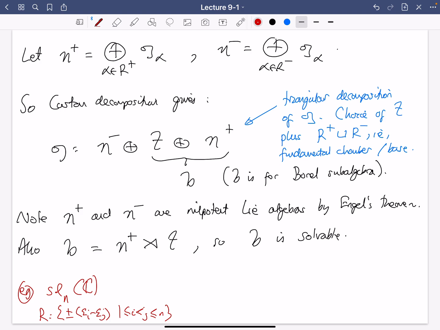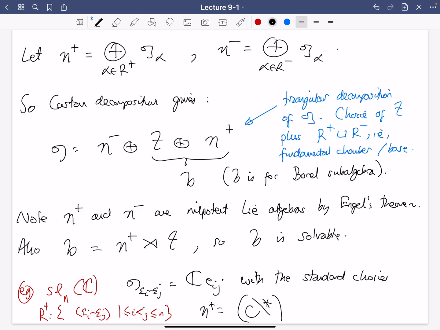This was the type A root system, and if you choose the positive roots just to be the strictly upper triangular ones, so to be the epsilon i minus epsilon j for i less than j, then for that the g epsilon i minus epsilon j was the C span of the ij matrix unit, and so with the standard choices, this n plus is exactly the strictly upper triangular matrices, and this n minus is exactly the strictly lower triangular matrices, and the Borel is the weakly upper triangular matrices.